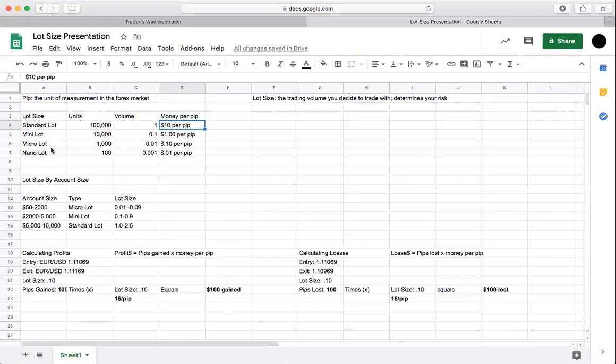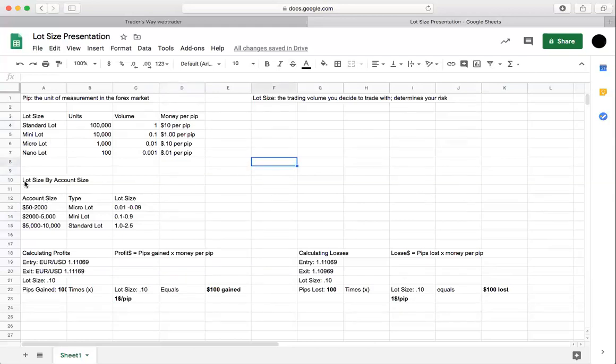A micro lot has 1,000 units, and if your lot size was 0.01, that would be 10 cents per pip. And a nano lot has 100 units, and if your lot size was 0.001, that would be 1 cent per pip, right? So the most important boxes here are just going to be the actual lot size itself and the amount of money per pip.